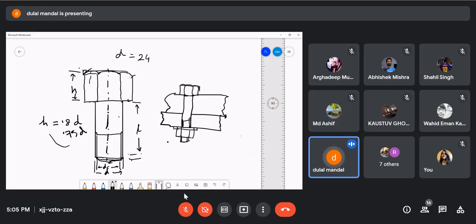Rather, I will use the scale, but it's not seen properly.